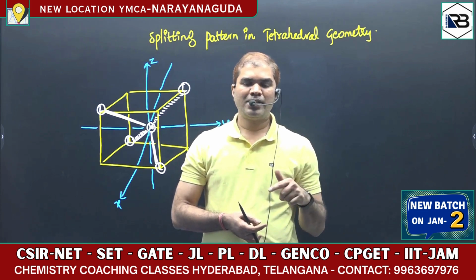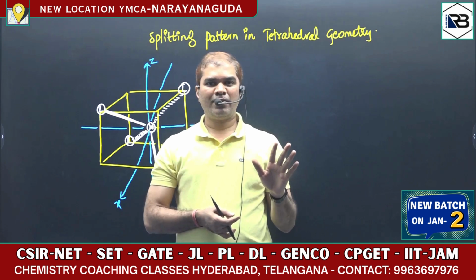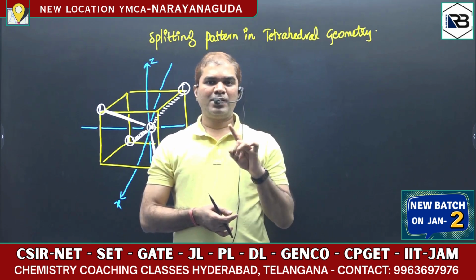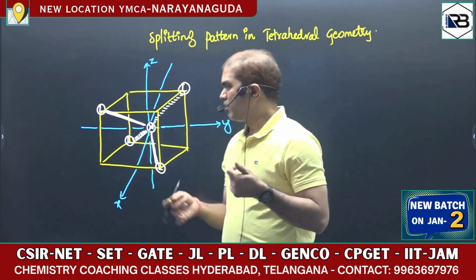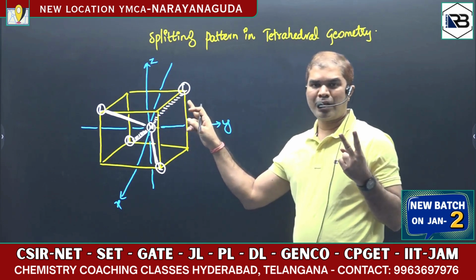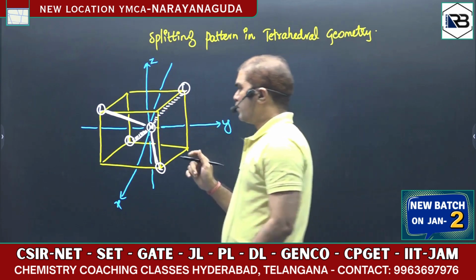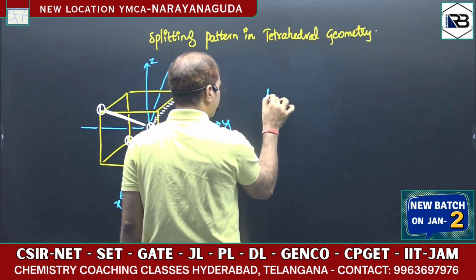Before the ligands approach, all the 5 d orbitals of the metal are degenerate. But once the ligands approach and form a geometry, they form two different angles with the 5 d orbitals, and that effect we call the angular effect.